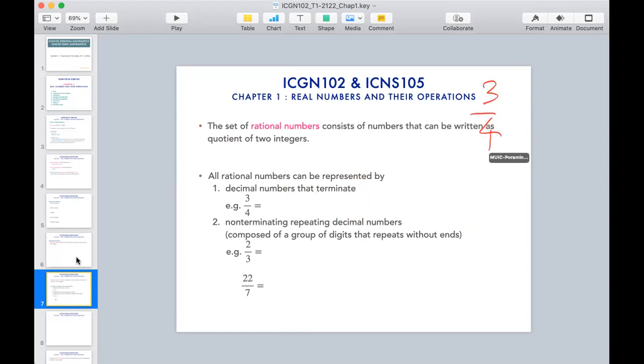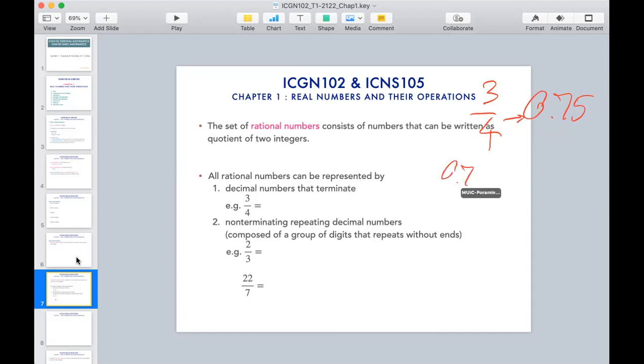Can somebody tell me, if we divide 3/4, what value do we get in terms of decimal numbers? 0.75. Is there anything after 5?